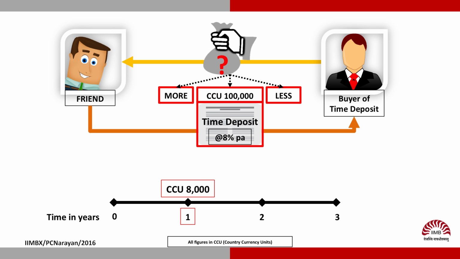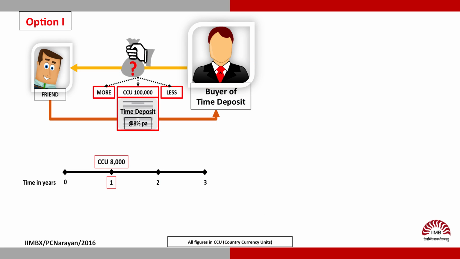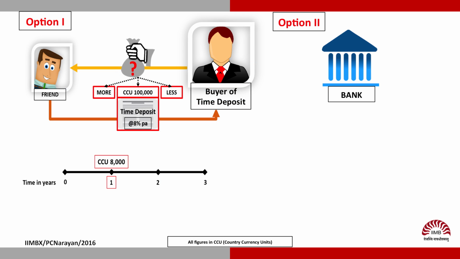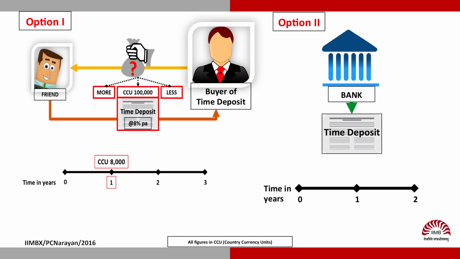Here's the answer. Let us say while negotiating with your friend, you hear that the bank is now offering 2-year time deposits at a revised interest rate of 9%. Remember, earlier they were offering time deposits at 8%.